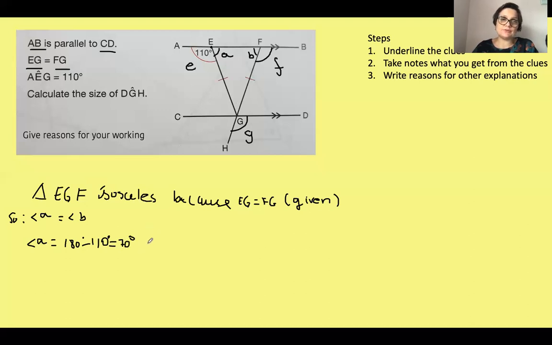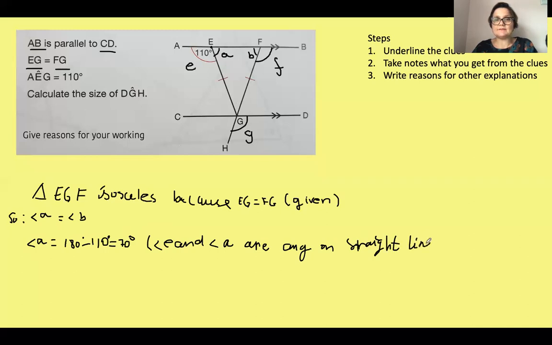Because, in brackets, angle E and angle A are angles on a straight line.